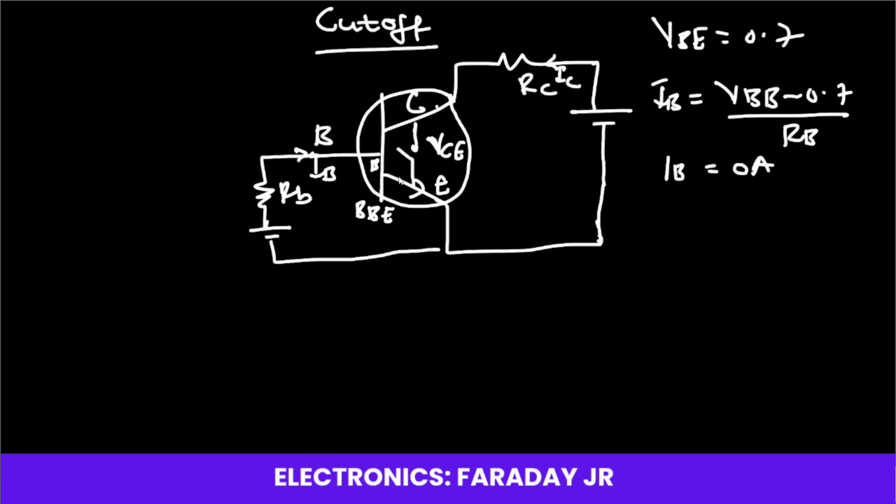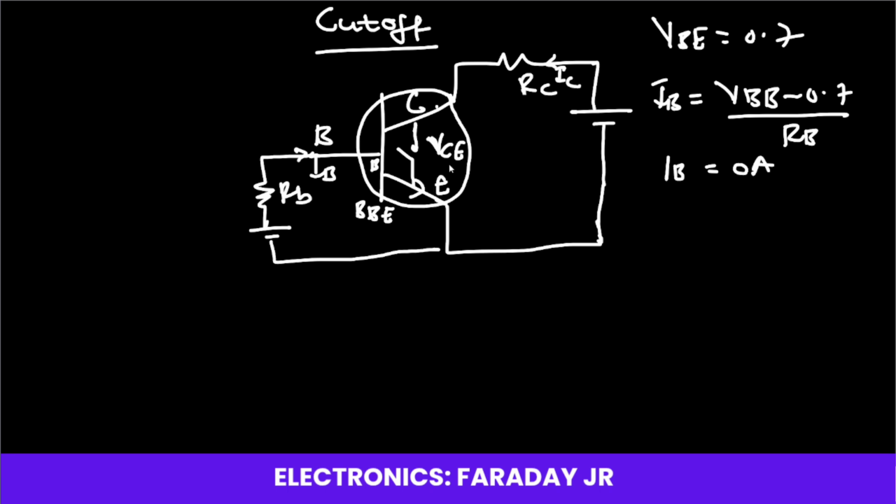Now, if IB is equal to 0, it means that the circuit is opened, and the current cannot flow from the collector section to the emitter. So the circuit is more or less like there's nothing connected. The condition for cutoff to occur is when IB is equal to 0. If IB is equal to 0, the circuit is open, so current cannot flow from the collector to the emitter section.